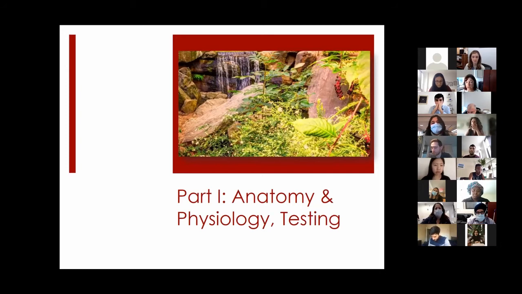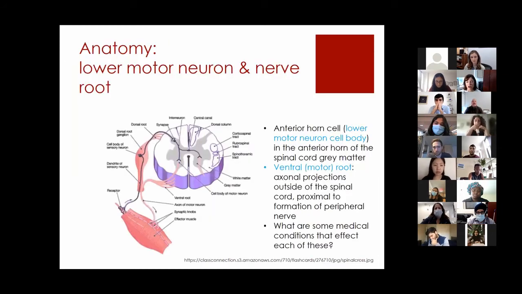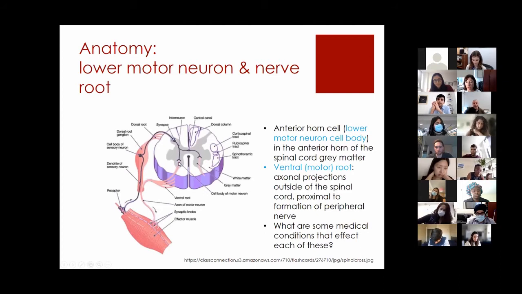All right, so first we're going to talk about anatomy, physiology, and neuromuscular testing. This is just to start at the basic level, thinking about what anatomy we are referring to when we talk about the peripheral nervous system and neuromuscular diseases. On the motor side, the peripheral nervous system begins with the lower motor neuron, which is the anterior horn cell, physically located in the spinal cord gray matter in the anterior horn.